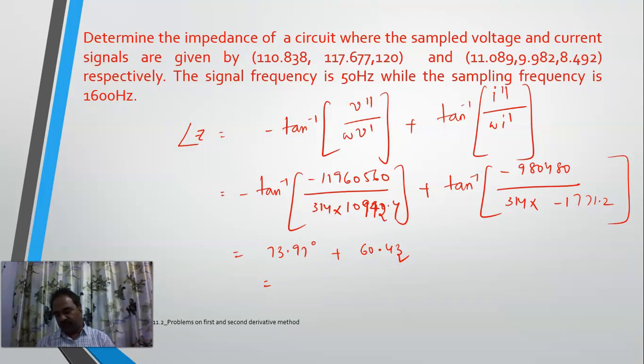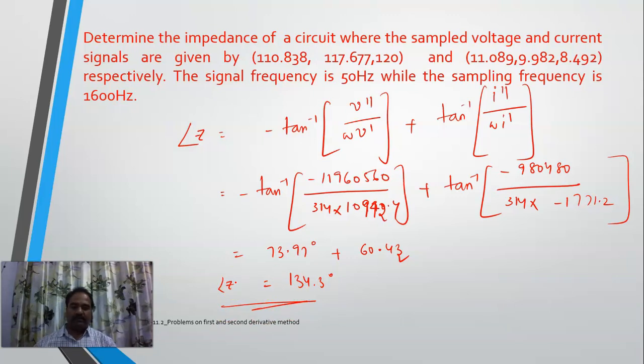So I'll get somewhere around 134.3 degrees. This is my value of Z now.